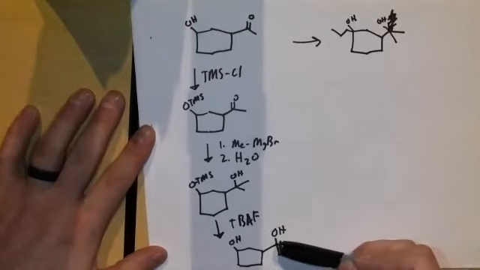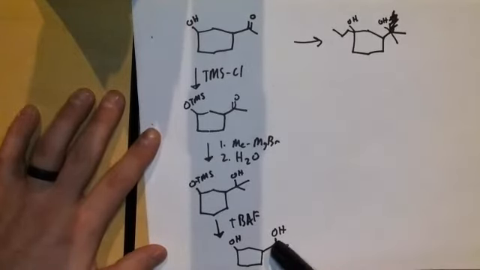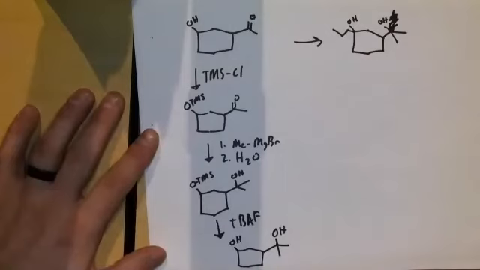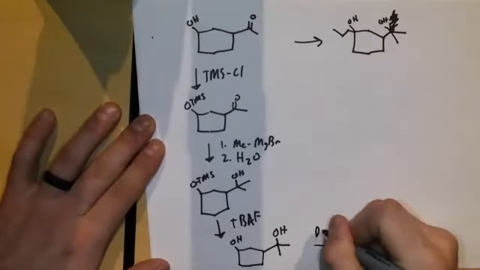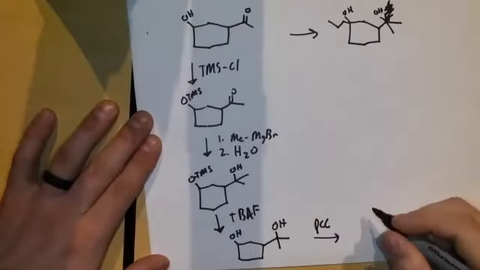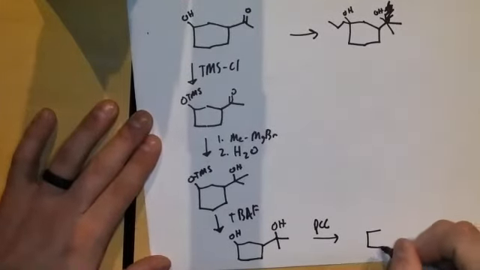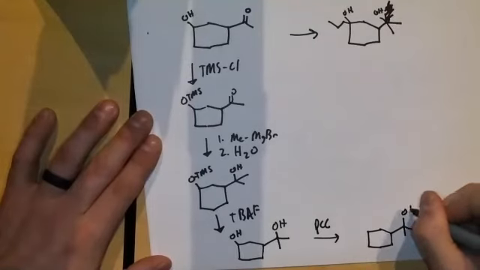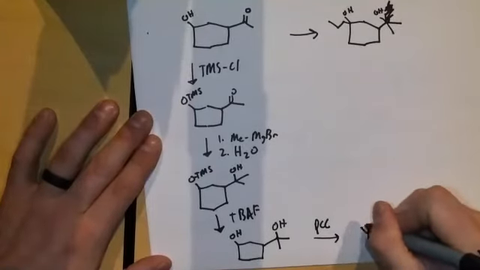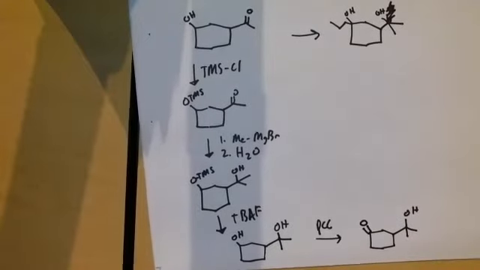This is tertiary, which means if I throw in an oxidizing reagent, nothing will happen. There's no hydrogens on there. So if I throw in PCC, I can get to here.